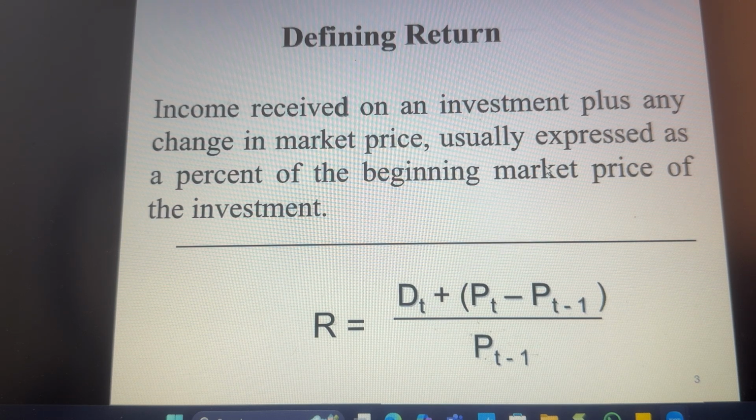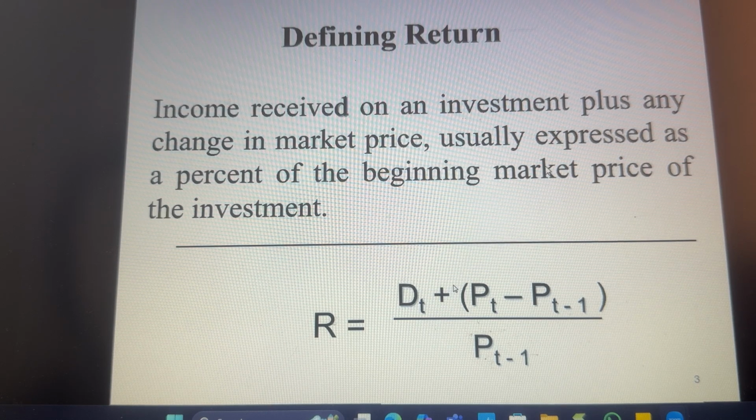So how can return be measured? Return is received from investments. Here we consider the shareholders' return. Shareholders are investing in equity capital, so for their equity investment they receive dividends. T stands for the current period. What is the dividend they receive in the current year, plus any price change? This is called capital gain.